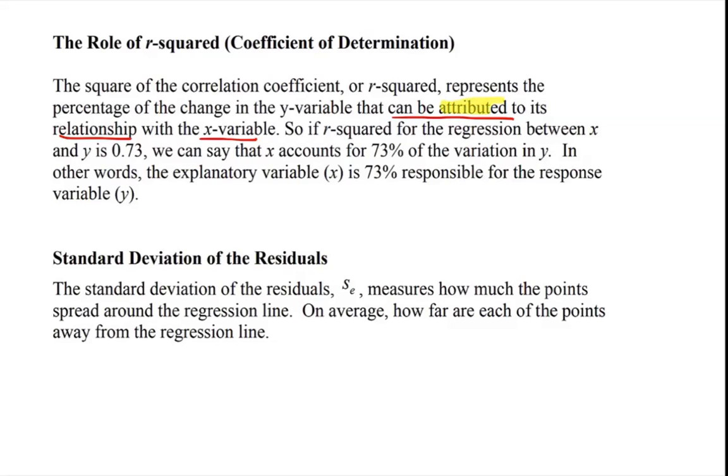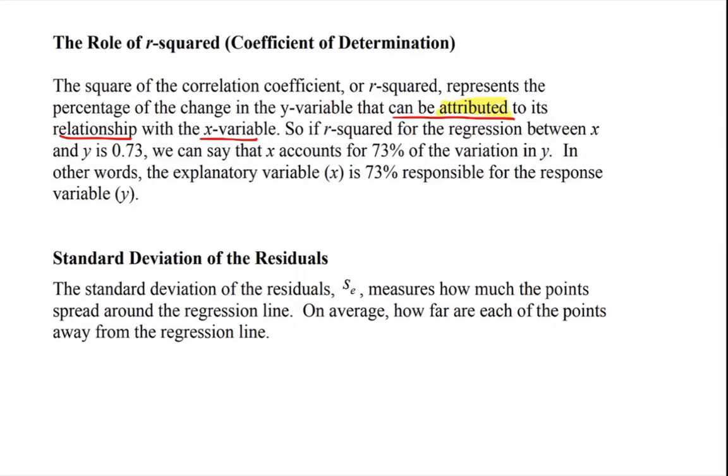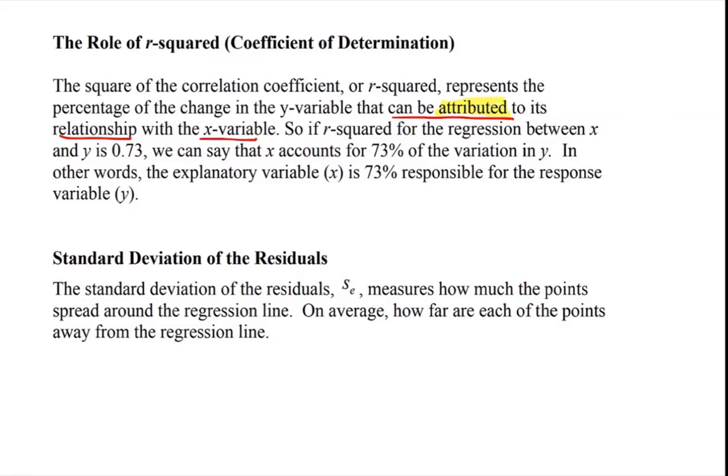If something is attributed to something else, what does that mean? What does the word attribute or attributed mean? Perfect. That's it. It's the reason why something's happening. That's what R squared is. R squared will tell you a percentage, and it'll help to explain why the Y is what it is.